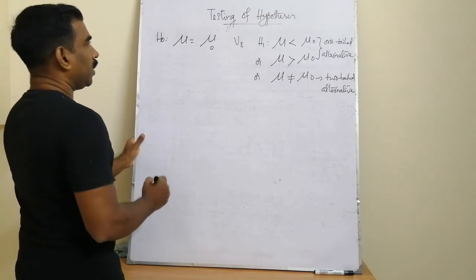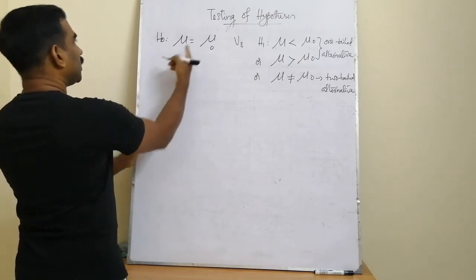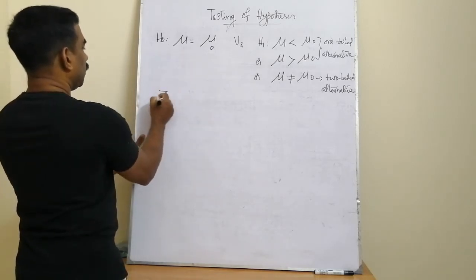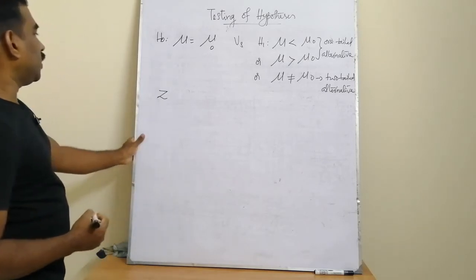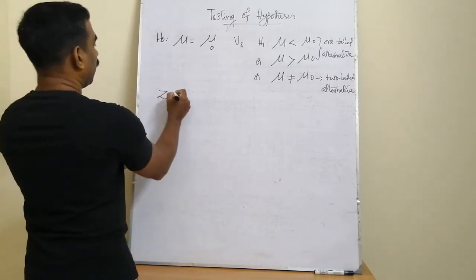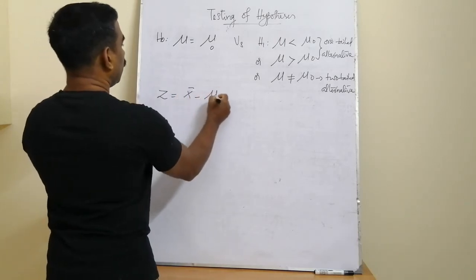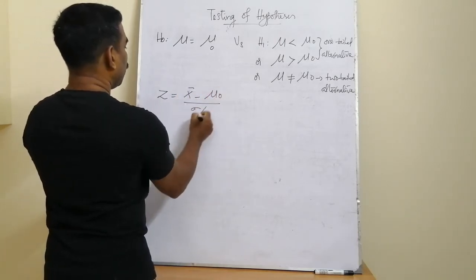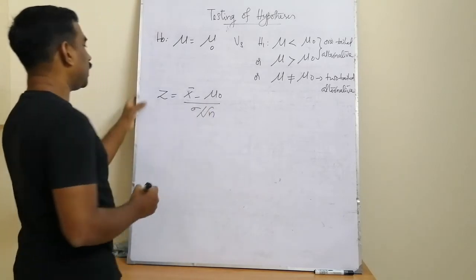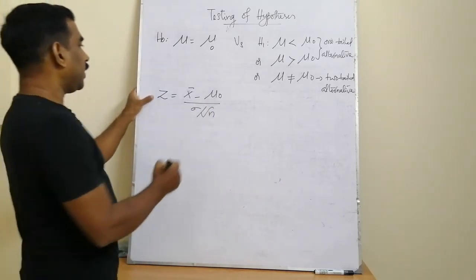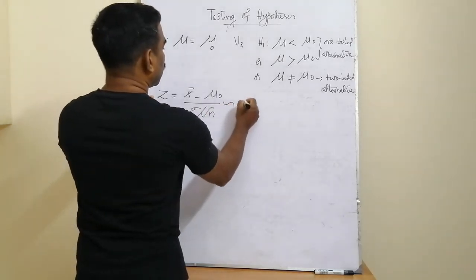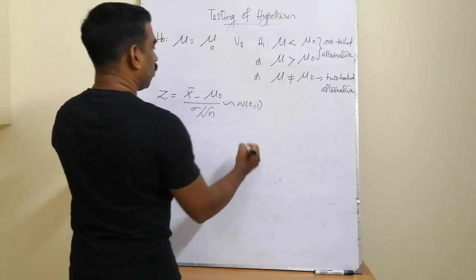They are called one-tailed and two-tailed alternatives because for testing this hypothesis, we will use a sampling distribution, say the sampling distribution of the sample mean, then z is equal to x bar minus mu naught divided by sigma by root n.